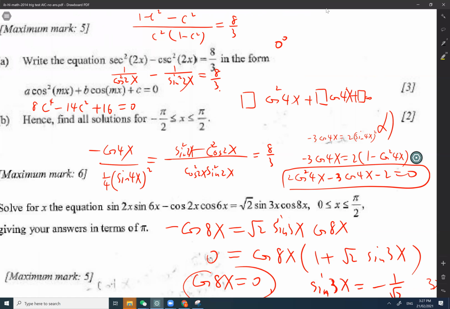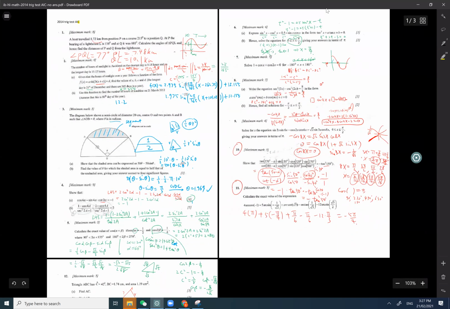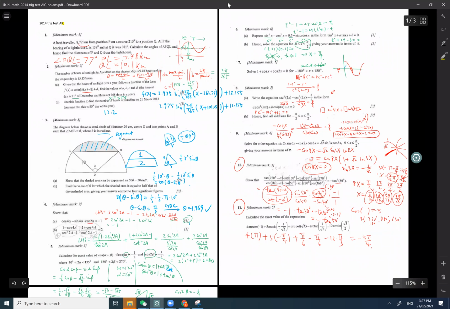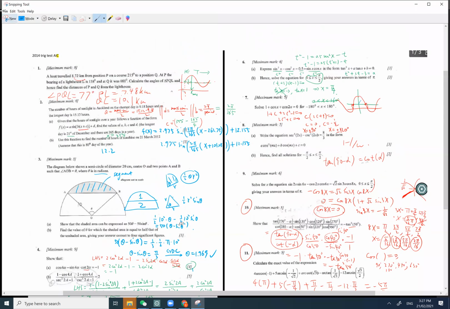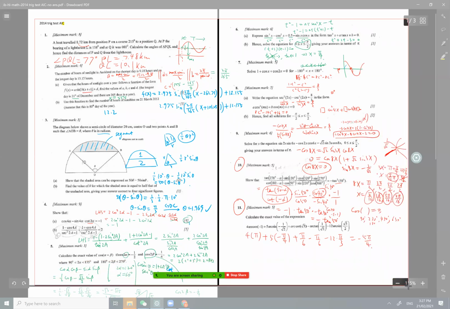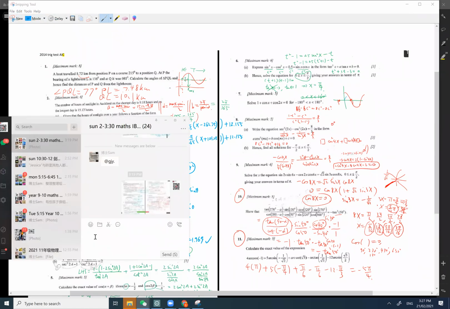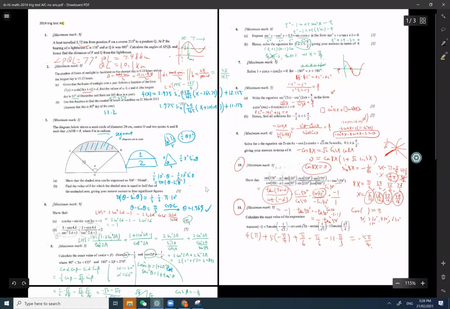Next part, just solve the quadratic equation. All the questions here are like homework. I hope you can redo all of them. Today covered too many things in trig.